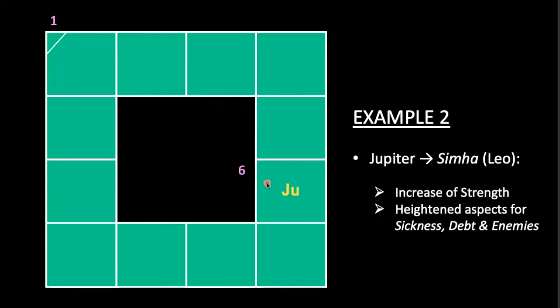Another example: the Lagna owner is Jupiter, as I've mentioned, and let's say Jupiter is positioned in the sixth house. What does that mean? Instead of losing strength, there is an increase of strength. That means the sixth house has become stronger, which is not good. There's a heightened aspect for sickness, debt, and enemies, meaning that you have good enemies.